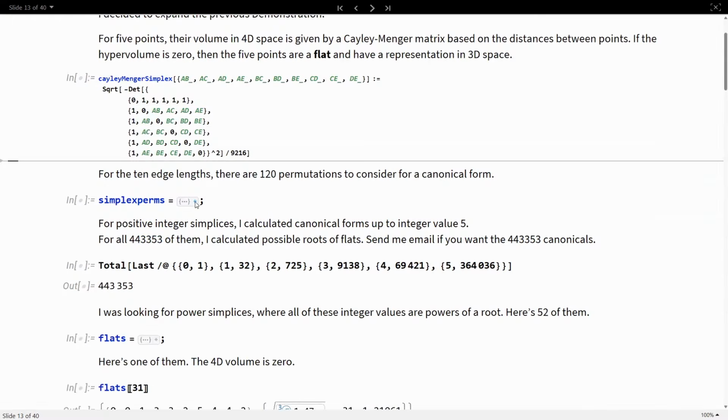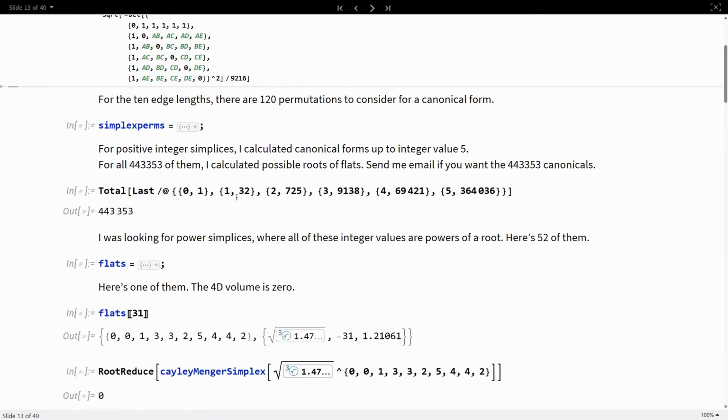One thing that sped this up was there's 120 permutations to consider for canonical forms because there are 5 points. So by being careful about how you select permutations of these 10 values, you can vastly cut down the number of searches you need to do.